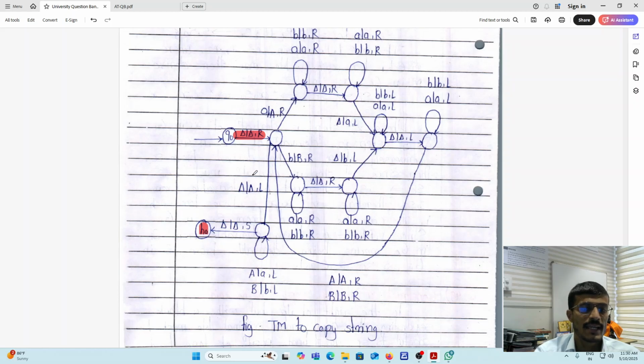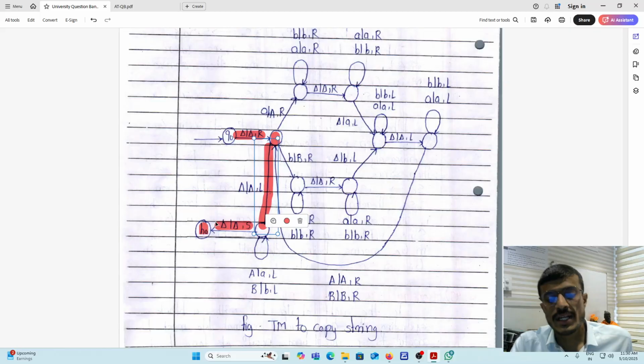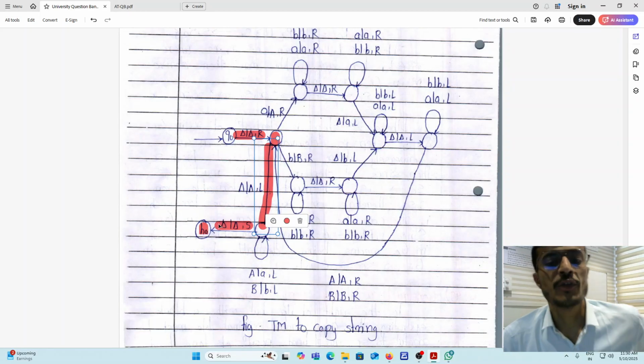It may be possible that there is nothing to copy, so at the very beginning delta will be read, delta will be written and it moves towards the left side, which indicates that the whole string is read. So this path, q0 to this state, then this state and this state, is the very first part of the copying Turing machine.